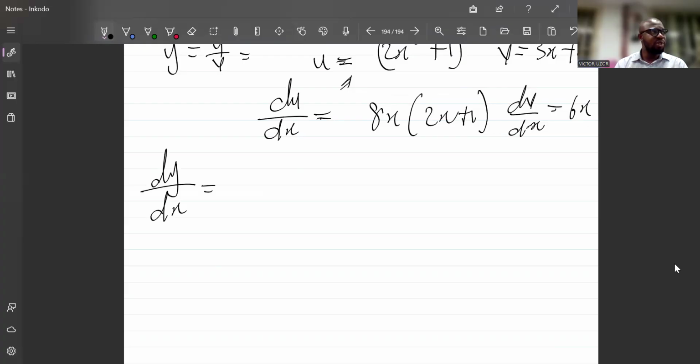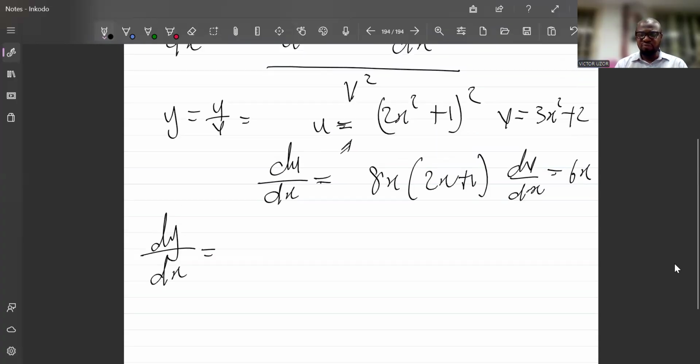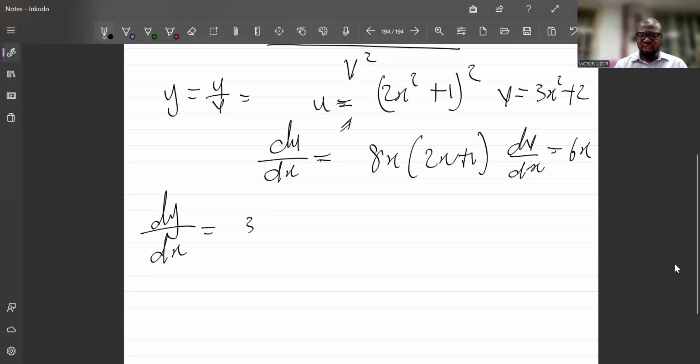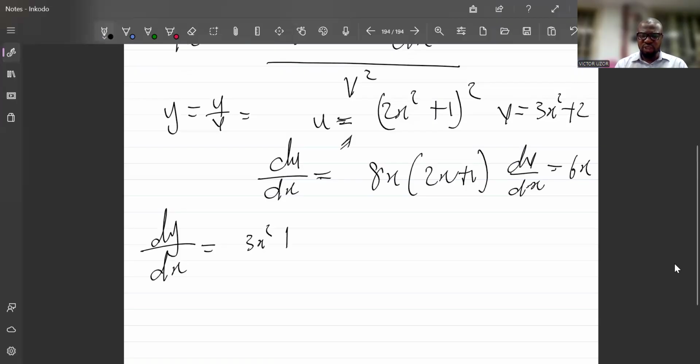Now let's apply the formula to get dy over dx. Remember, in this case, we leave v first, and our v is 3x squared plus 2, in bracket, multiplied by the differentiated u, which gave us 16x cubed plus 8x.